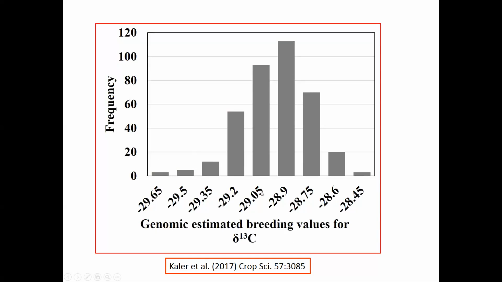So at the low end, the very negative genomic estimated breeding value for C13 ratio, we selected 3 genotypes from this bin, 3 from this bin, all the way across. And at the upper end, where we would expect water use efficiency to be high, the least negative values, we selected 6 genotypes out of this bin and 2 genotypes out of this bin. Our purpose here was to get a wide distribution of genotypes with different C13 ratios.